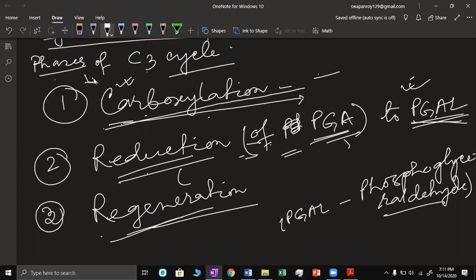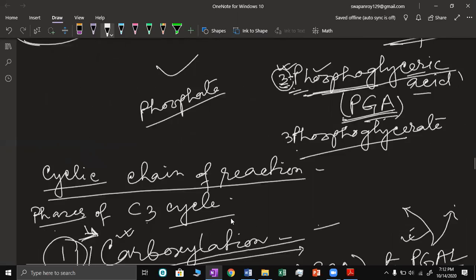That initiation compound is also regenerated from PGAL. It means PGAL, on one side, gives rise to carbohydrate, and on the other side it produces the compound which will initiate the next cycle of reaction. So these three are the main steps.